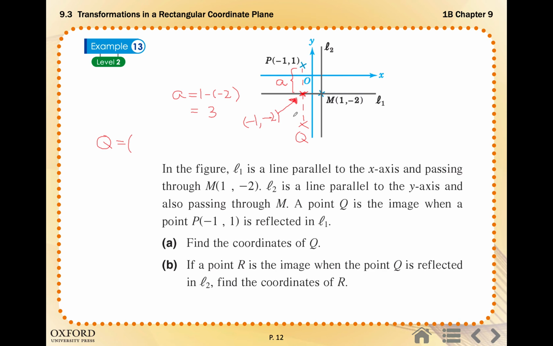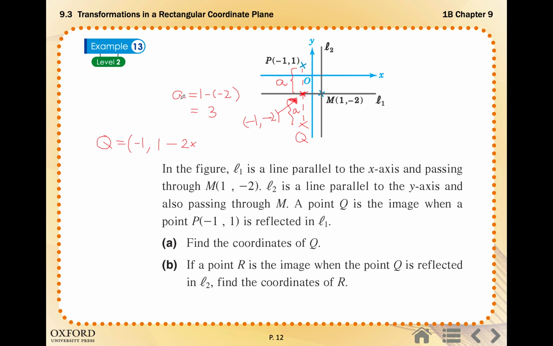For 2A units, because here is A, and then this part also equals to A units. So for the X coordinate of Q, it should be -1. But for the Y coordinate of Q, I should look at the original point 1. And because it is going down for 2A units, it should be minus 2 times A.